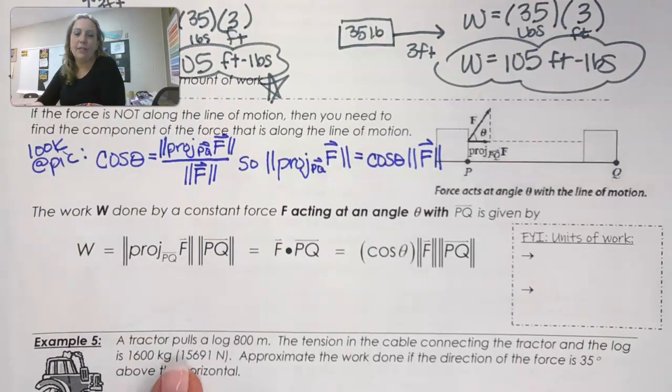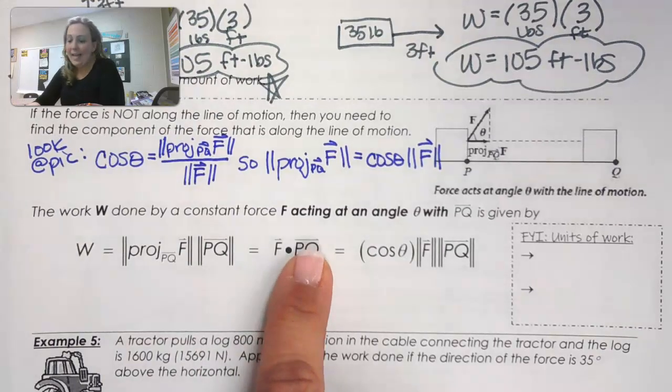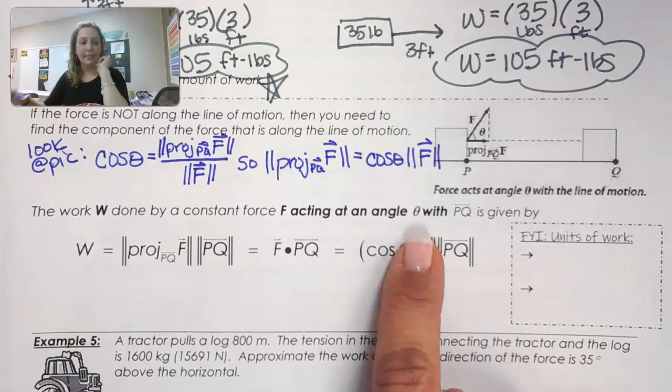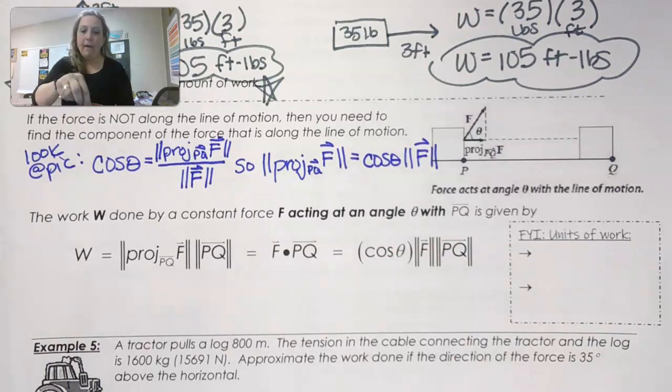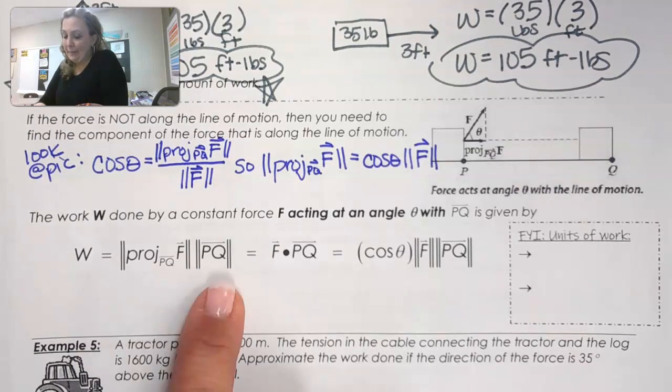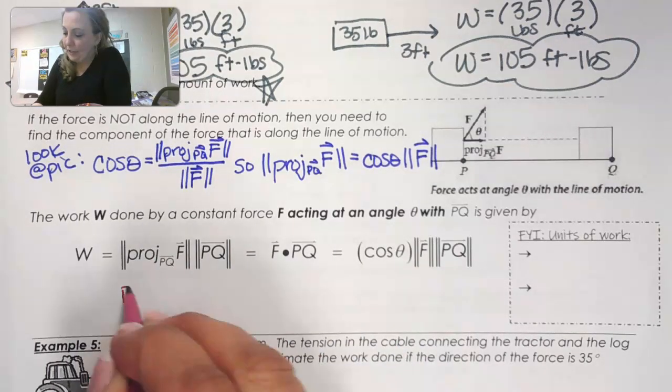The work W done by a constant force F acting at a specific angle theta with PQ is given by the following. This right here, the projection of F onto PQ, that times the magnitude of PQ, this is really like the projection form.